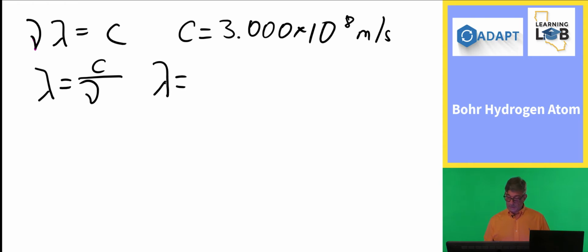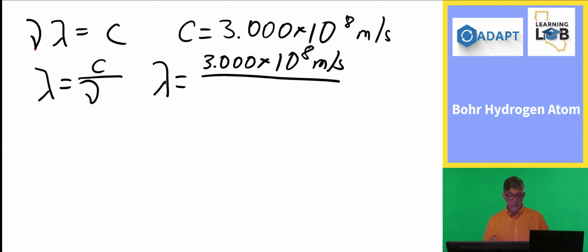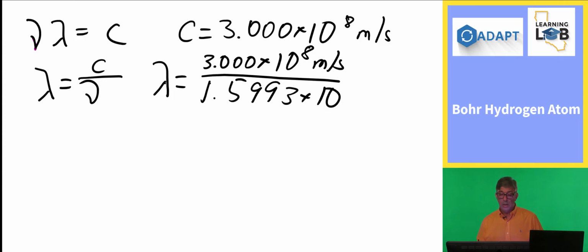Therefore, the wavelength equals 3.000 times 10 to the 8 meters per second divided by the frequency, and that frequency was 1.5993 times 10 to the 14 reciprocal seconds.